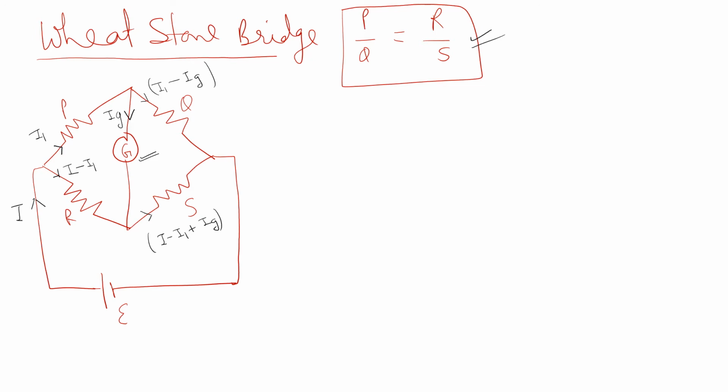Now, just for the sake of simplicity, let us assume again that this point is B, this is point C, and this is point D, and now I can apply Kirchhoff's law.